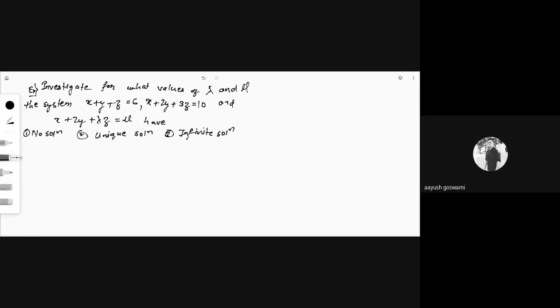Sir, condition for no solution or infinite solutions has come. For no solution, lambda not equal to 3 or mu not equal to 10. Okay, both are not equal.